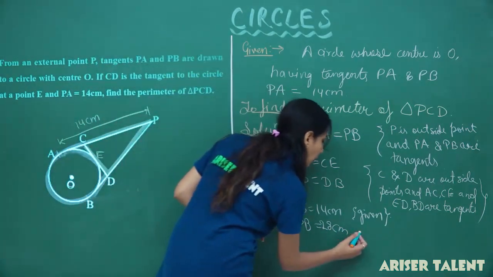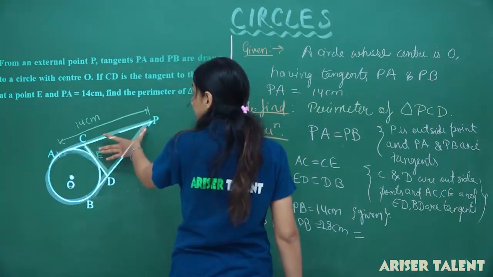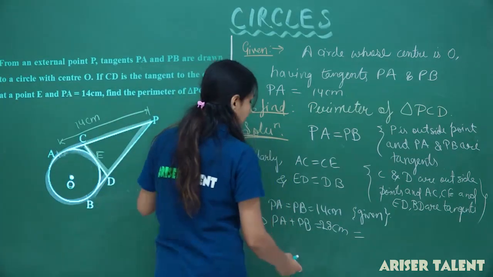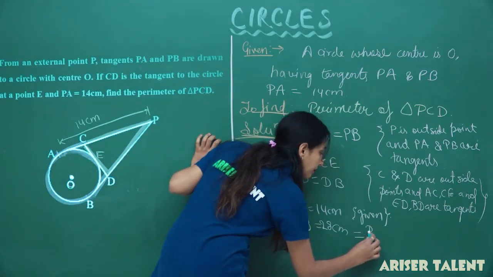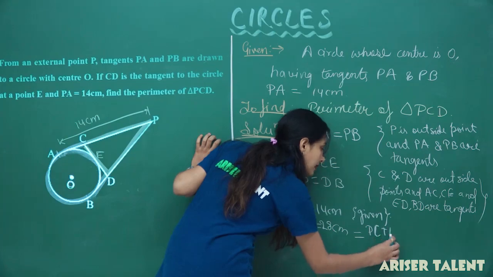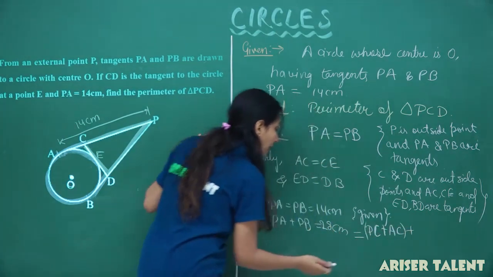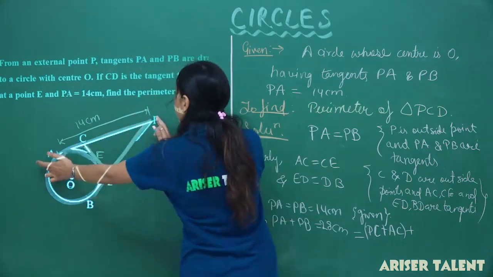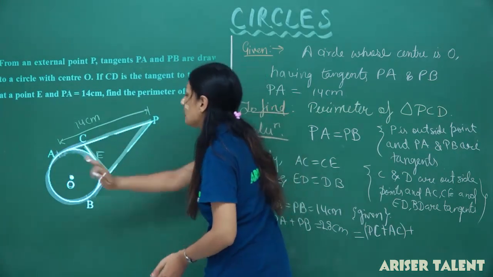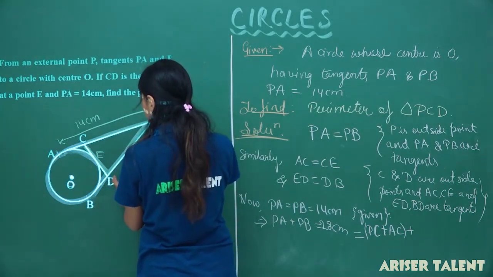Okay. Now, can I write PA? This PA equals to PC plus AC. I bifurcate this PA into PC and CA. Now this PD equals to what?